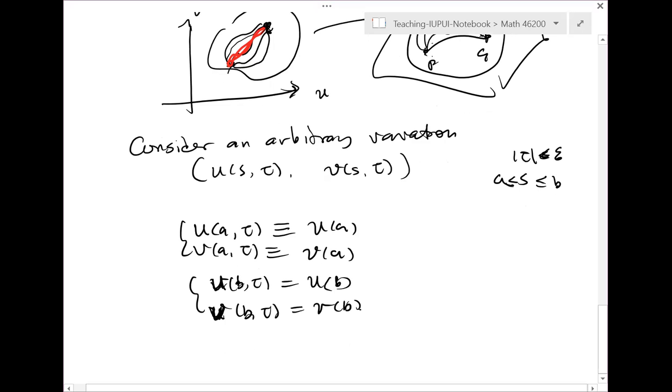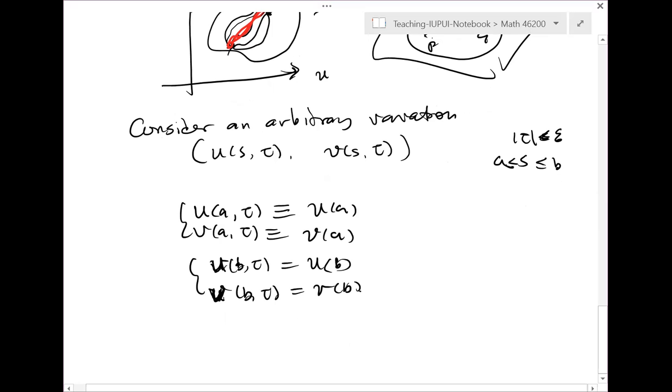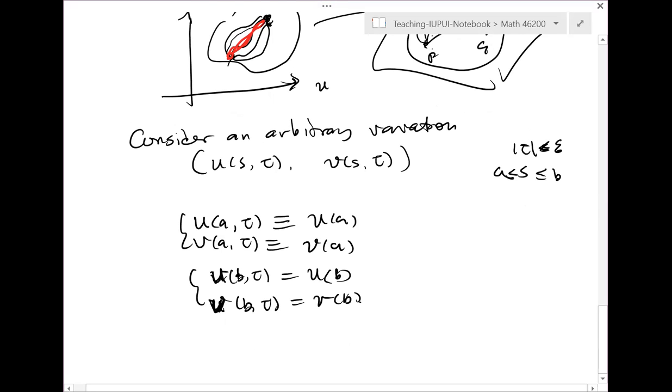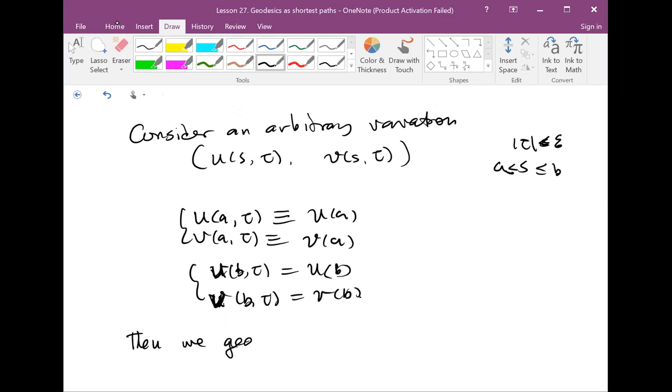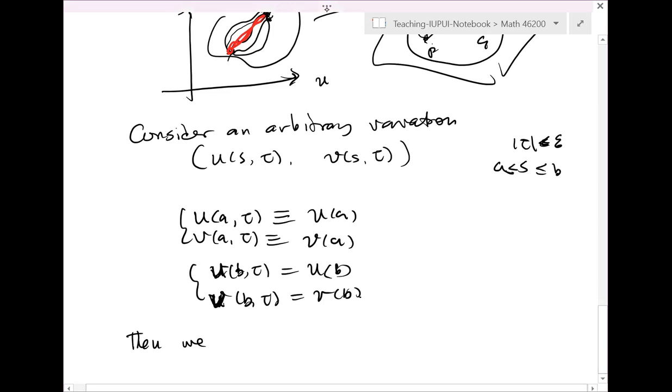Consider an arbitrary variation. Then we get the so-called variation field, a vector field along the curve gamma.